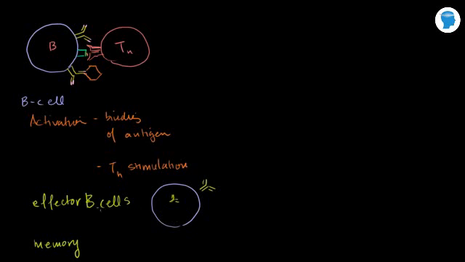It is only the effector B cells that produce the antibodies. If someone were to walk up to you and ask what cells in the body are producing antibodies, you wouldn't be wrong if you said effector B cells, but the common term people expect to hear is plasma cells.